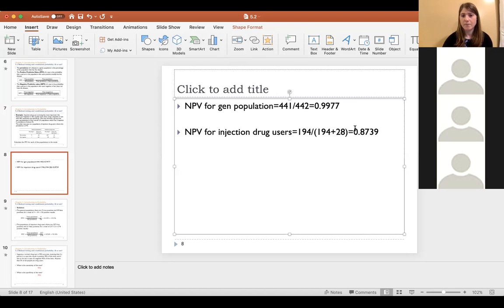For example, if you were in the population of injection drug users and you got a negative test, but you know that's only 88% chance of being correct, well, you don't want to be in that 12% chance where it's wrong, right? You might want to say, hey, I don't want to be a false negative. Maybe I should retest, okay? Or maybe there's an alternative test that I need to take. So again, the PPV and NPV dictate what you do with your results.